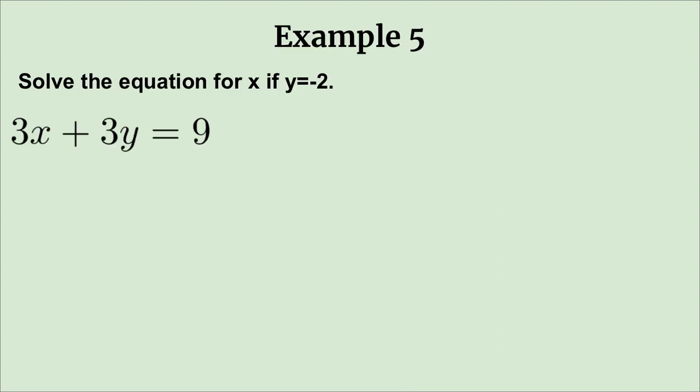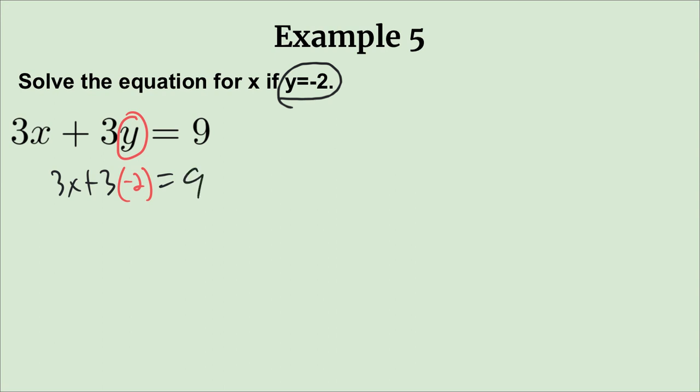Now for the last set, all we're doing here is taking this value of y equals negative 2, and plugging it in for y, and then we'll solve for x. So we'll have 3x plus 3, and then in parentheses, I'm going to plug in that negative 2 for y, so it replaces the y, but the 3 is still out in front of it.